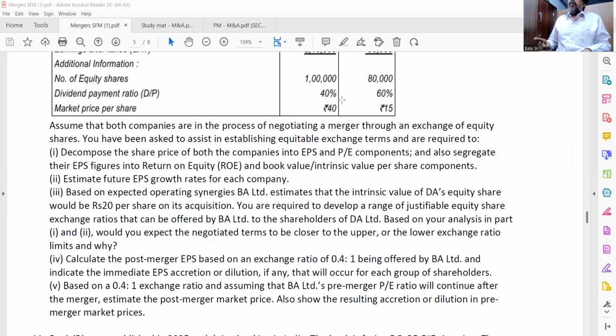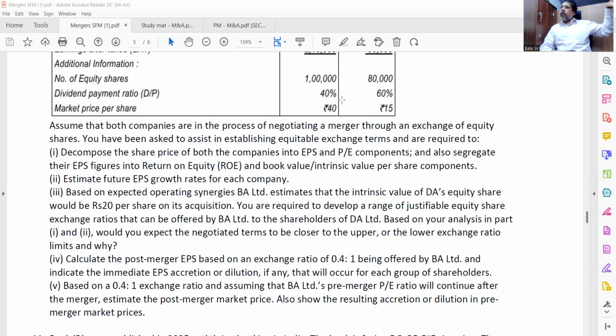So the question is based on an exchange ratio 0.4:1, the same exchange ratio. And they say that the price earnings ratio of BA Limited, how much you got?